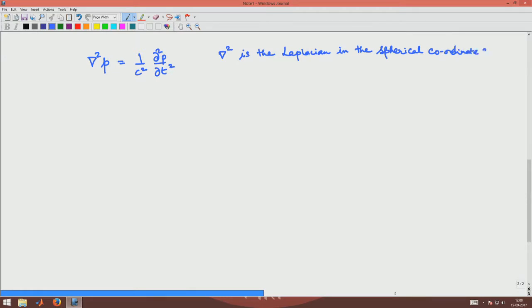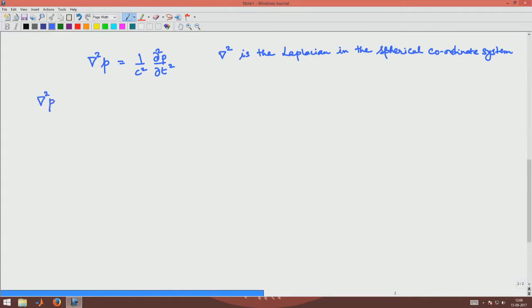And this expression for Laplacian in a spherical coordinate system is available in any book on engineering mathematics. In particular, I will refer the book by Kreyszig, Engineering Mathematics. It has the expression for the Laplacian in spherical coordinate system. So, I do not wish to derive this expression.